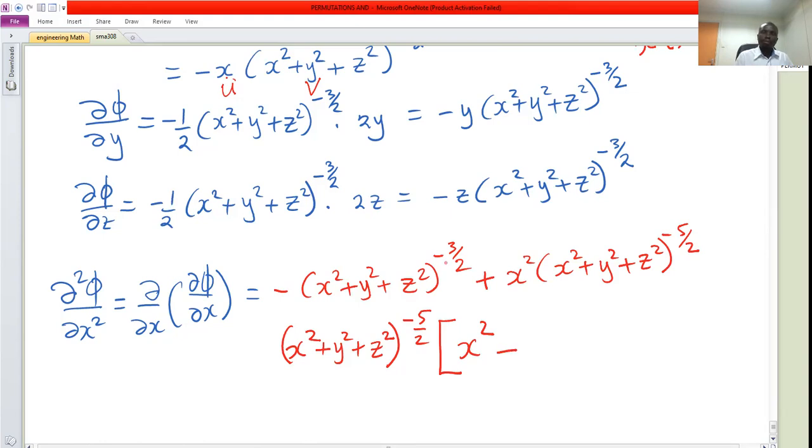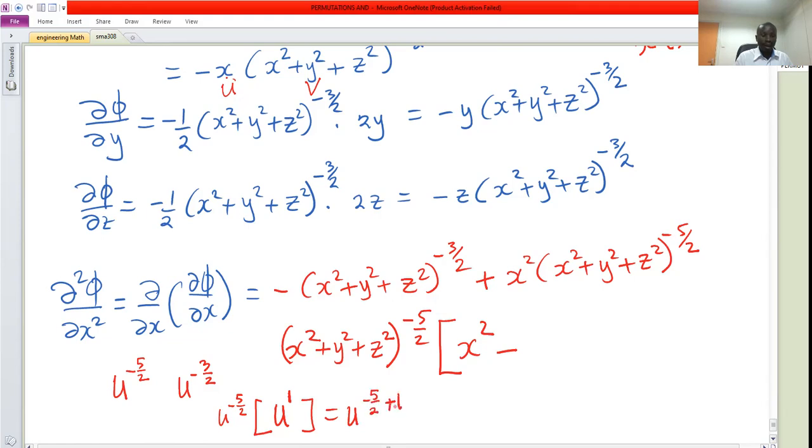So if I have a number u raised to power negative 5 over 2, and another number u raised to power minus 3 over 2, if I factor out u raised to power minus 5 over 2, then I need to have u raised to power 1, so that when I multiply u raised to power minus 5 over 2 times u to the power 1, I have u to the power minus 5 over 2 plus 1, by the laws of indices.